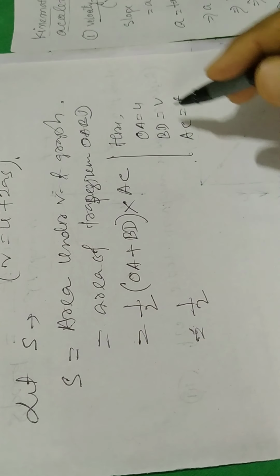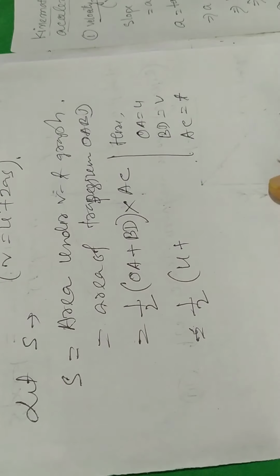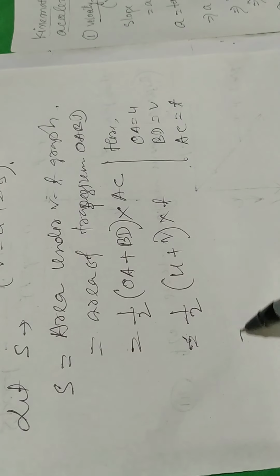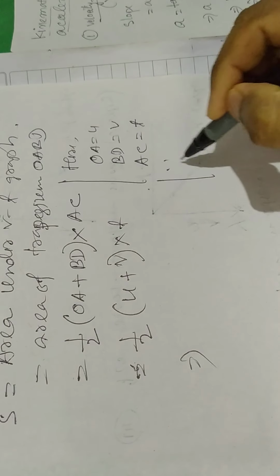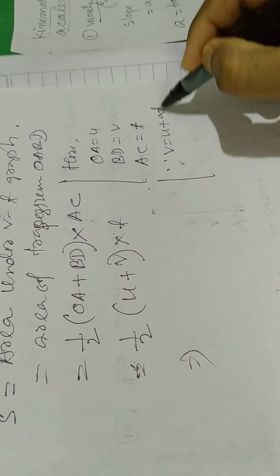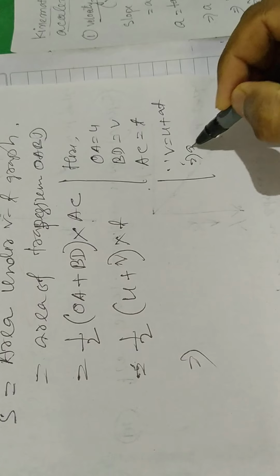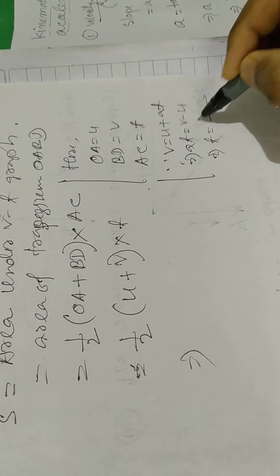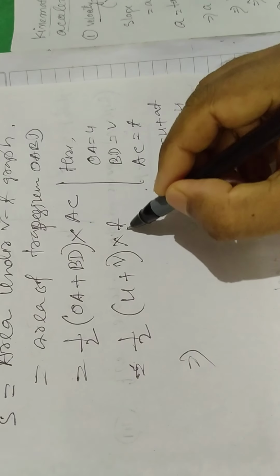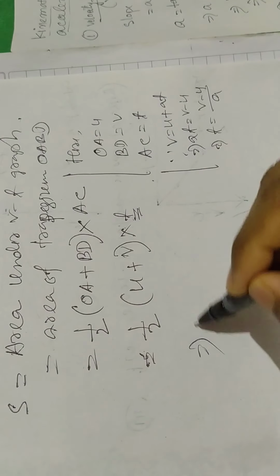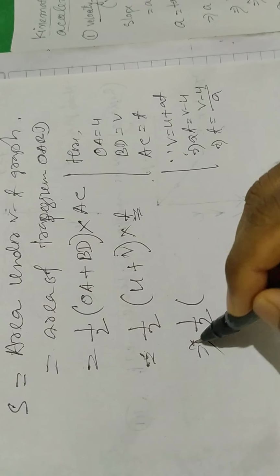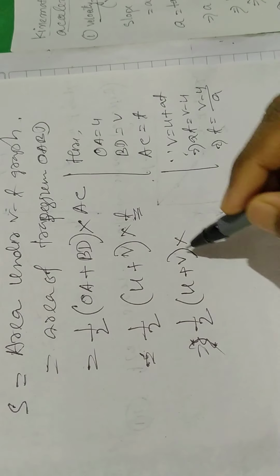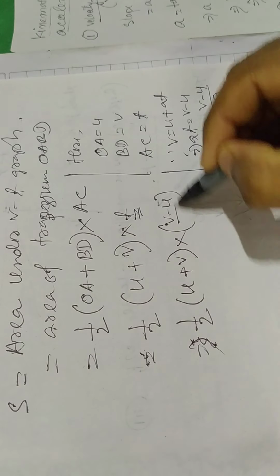Putting the values, half into u plus v into t. Here we are replacing t: since we know v equal to u plus at, then at equals v minus u and t equals v minus u by a. So half into u plus v, and t is v minus u by a.